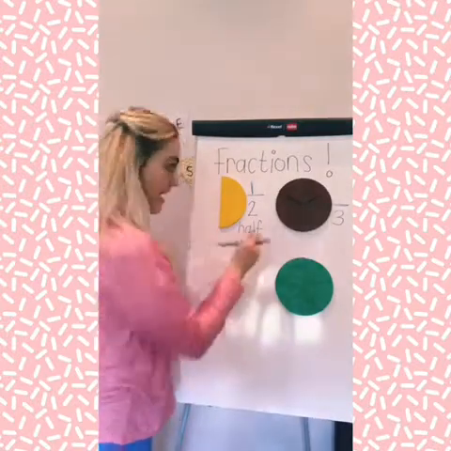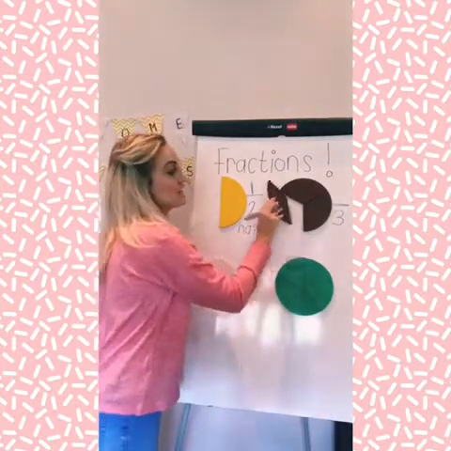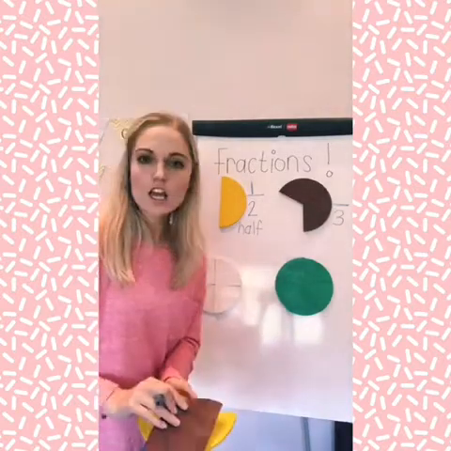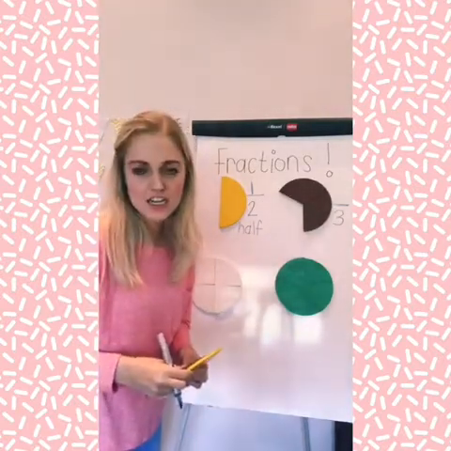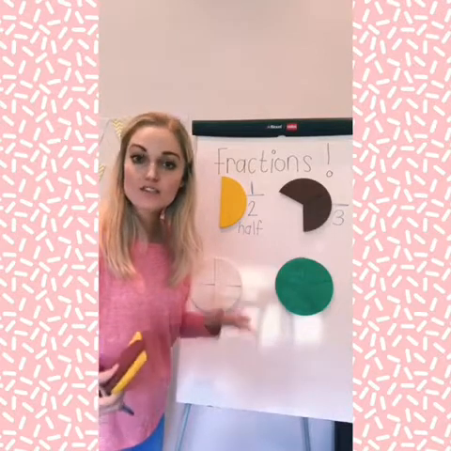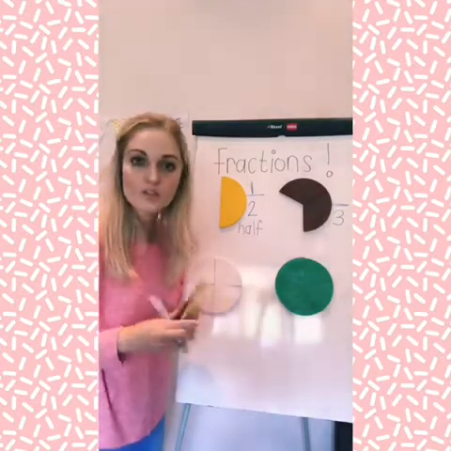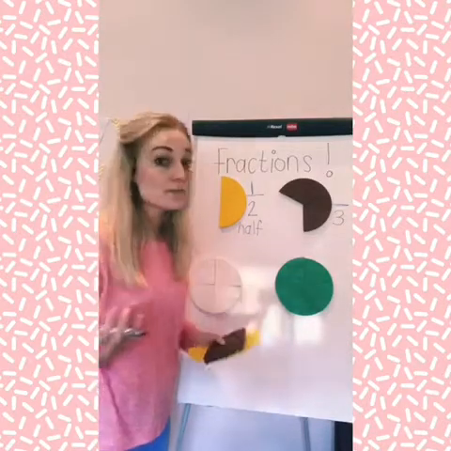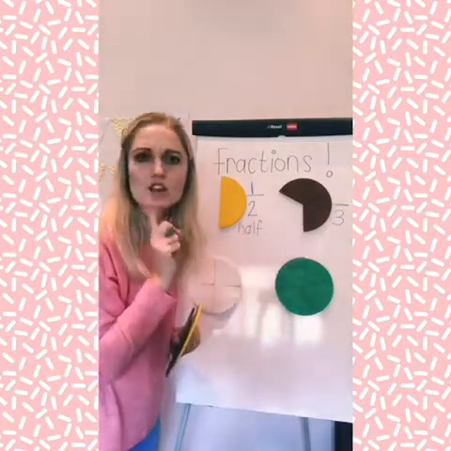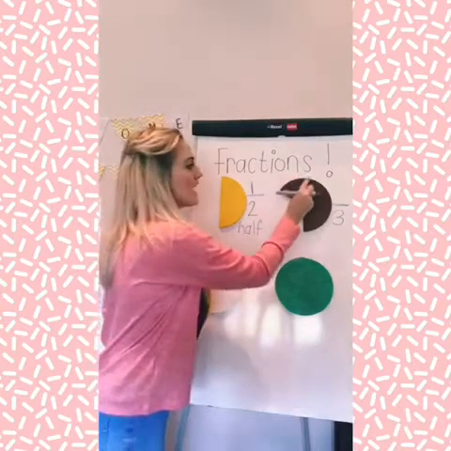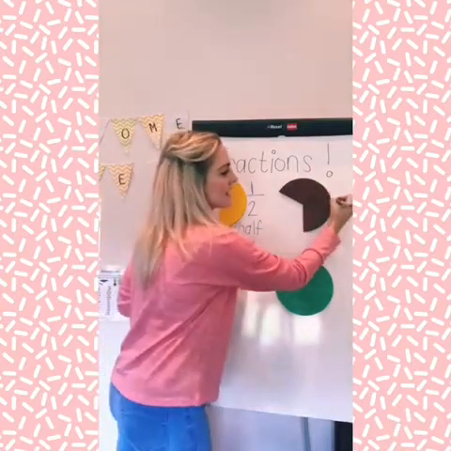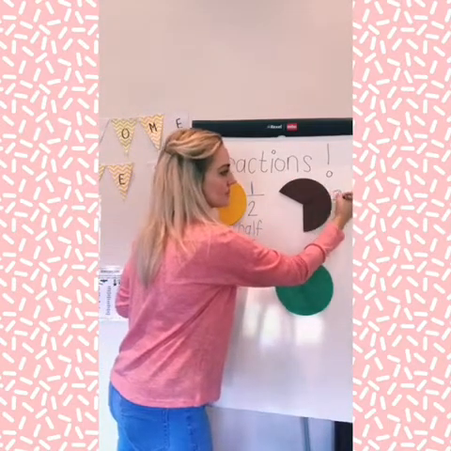Now, I decided to eat this big piece. So what is the fraction that remains? The fraction that is left over after I ate one of my 3 pieces. Now you simply count how many pieces of the 3 pieces are left. 1, 2, and I write that at the top.